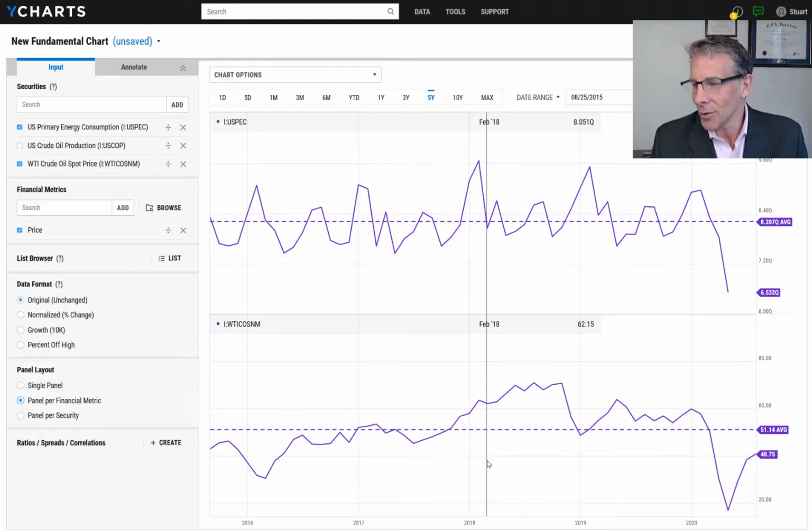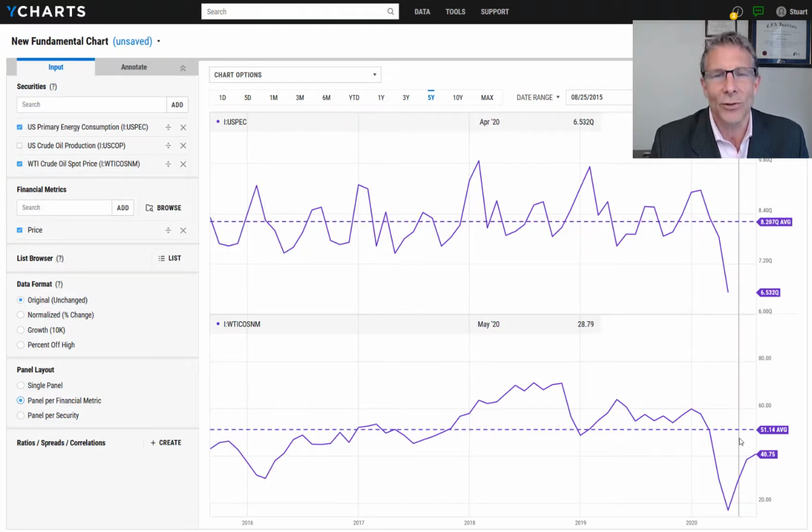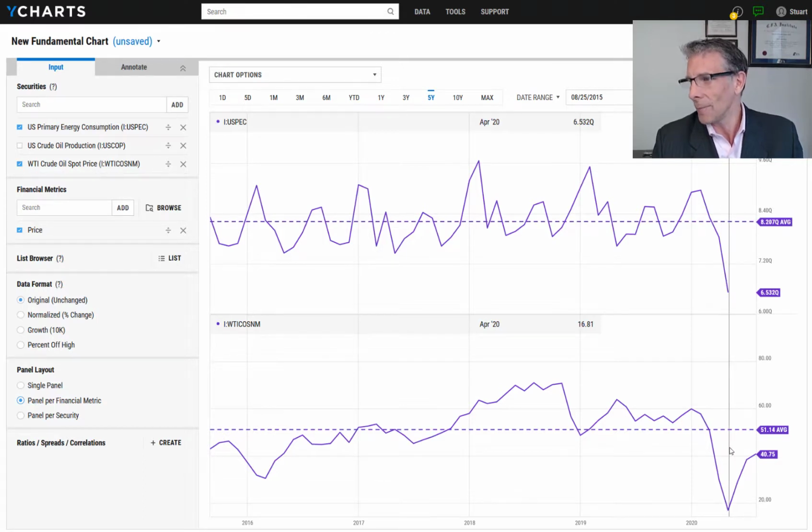Now, what they'll say is the cure for low energy prices is low energy prices, and the cure for high energy prices is high energy prices. What that basically means is if energy prices hit a big time low, as I indicated back in April and May, people will then start consuming more energy because production costs generally are 50% comprised of energy costs.